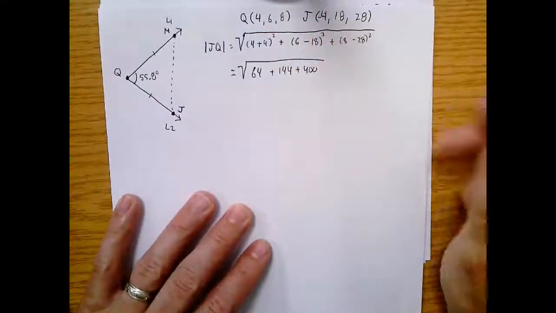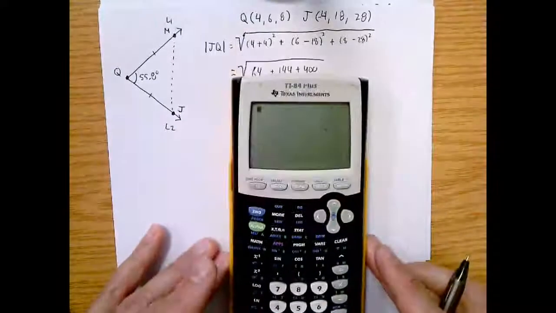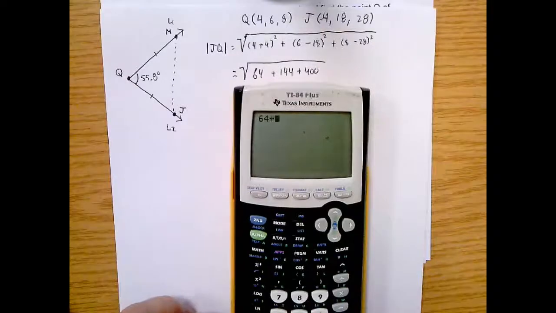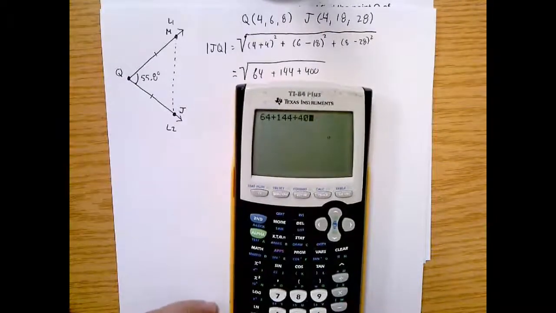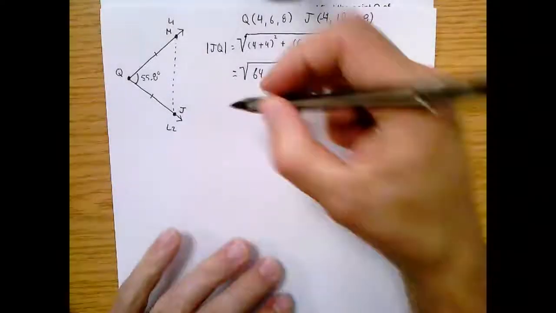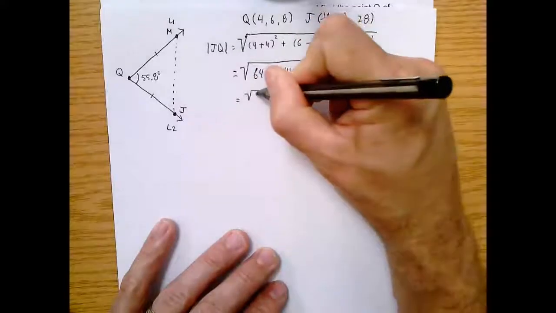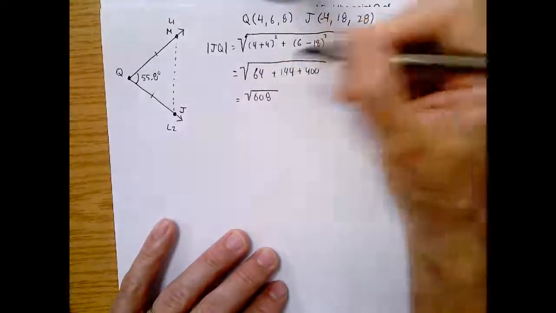Okay, now we're cooking. The next part, we just got to add all this up. Let's see here. I can do it like this. 64 plus 144 plus 400. Voila, 608. Great. So we know this is the equivalent of square root of 608.